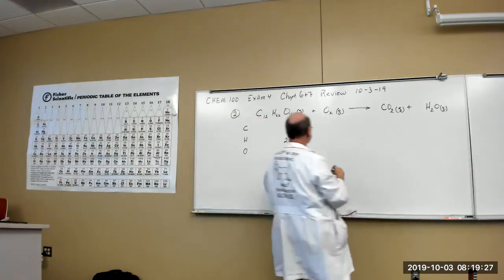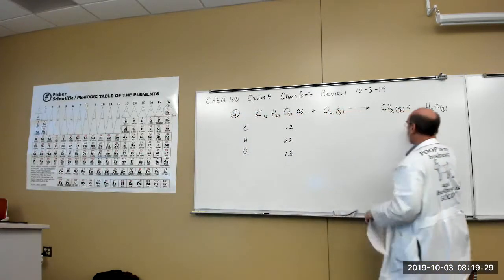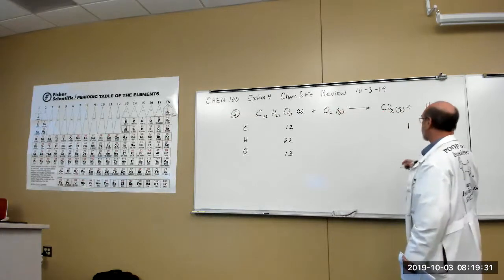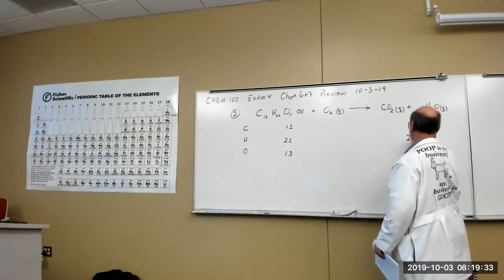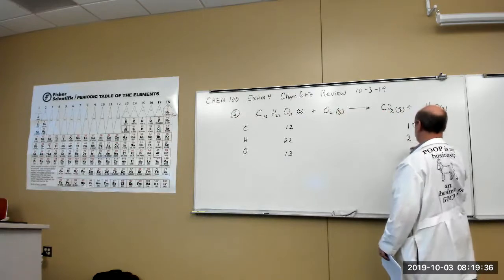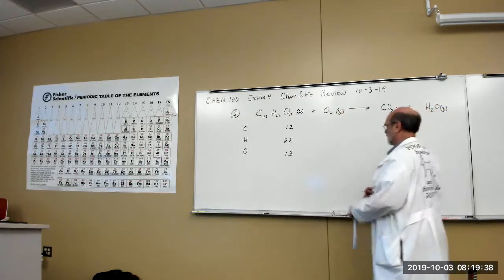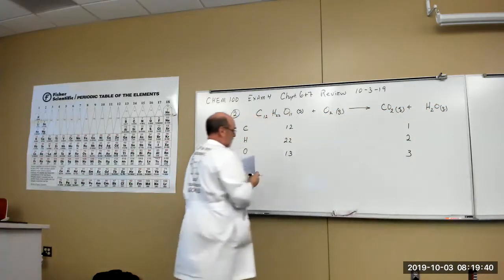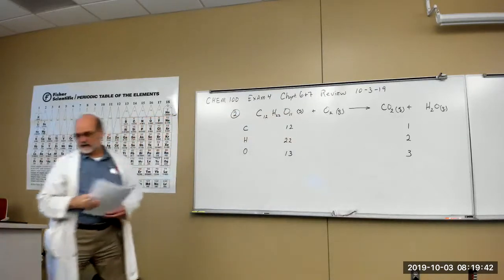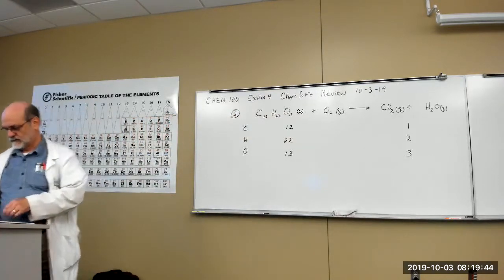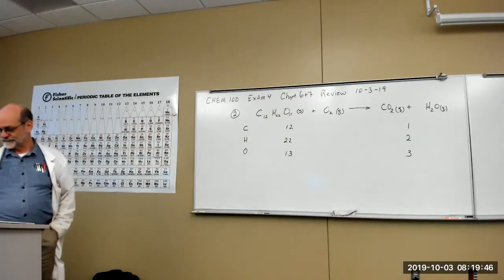Okay? On this side, we have 1 carbon, and we have 2 hydrogens, and we have 3 oxygens. Right? So that looks like a real problem child, doesn't it?